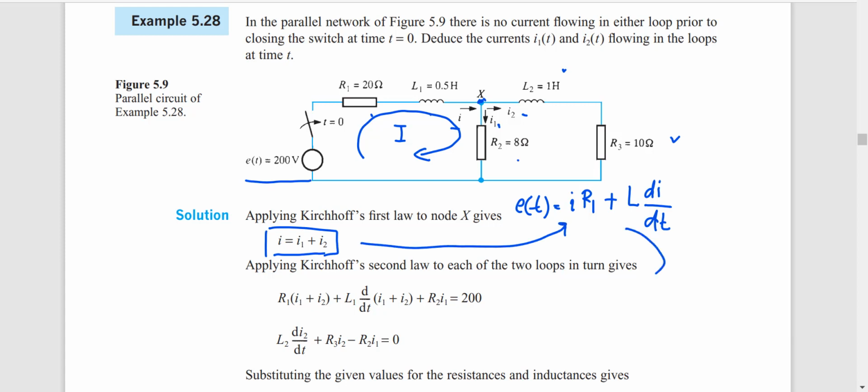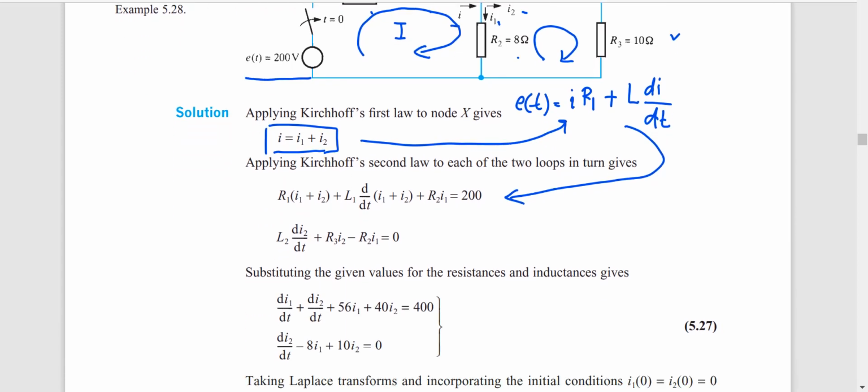So we got these equations. E(t) is 200. And the second loop is here: L2 dI2 per dt plus R3 I2 minus R2 I1 is equal to 0.